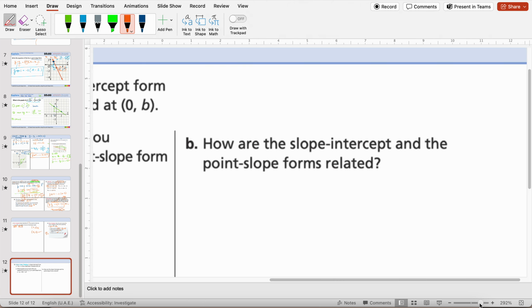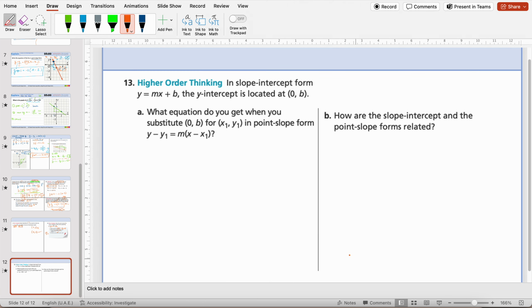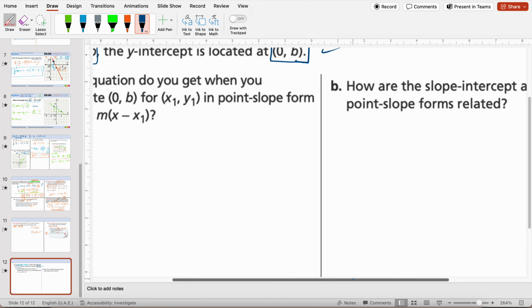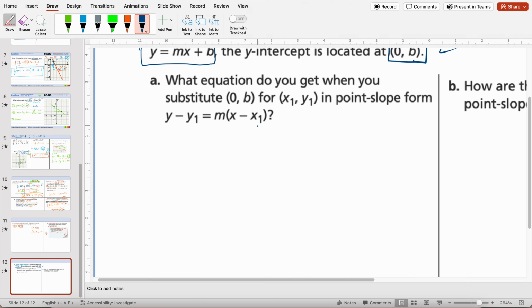Lastly, alhamdulillah, we got to this question. This question is a bit challenging, not too much. So in slope intercept form, this one, the y-intercept is located at 0b. We know that. What equation do you get when you substitute 0b as x1, y1? Let's try. Instead of x1, y1, I will put 0b. 0 is x1, b is y1. Let's see what we will get.